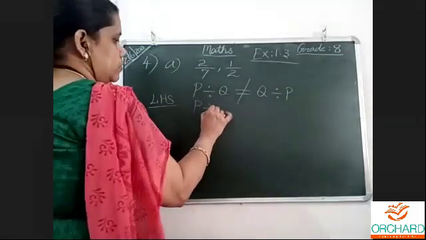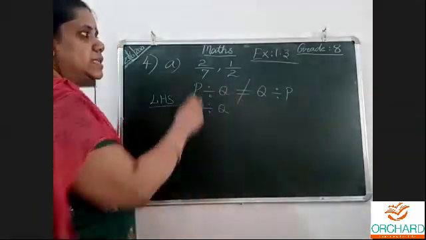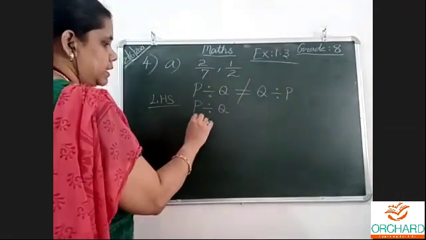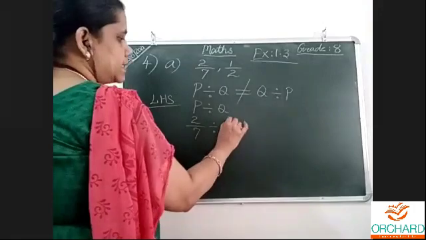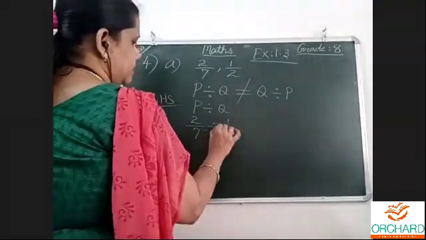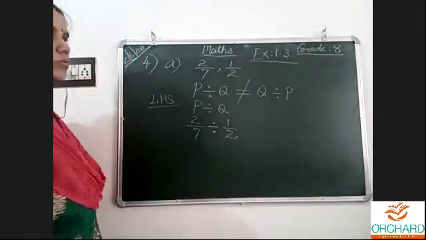So let us do the LHS first, P divides Q. In our question, this is P, this is Q. 2 by 7 divides 1 by 2.